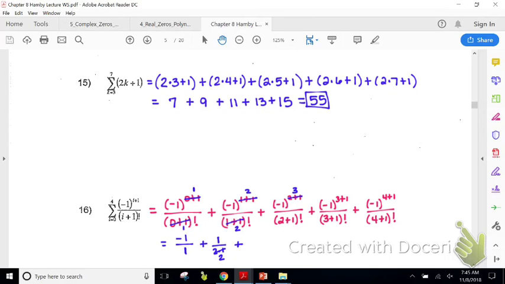Two plus 1 is 3, so negative 1 to the third is negative 1 over 3 factorial. So 6. And I'm just going to keep going with my same thing I'm doing.